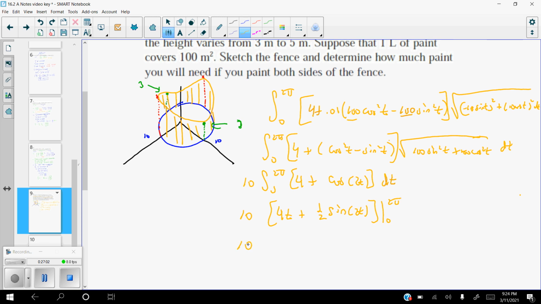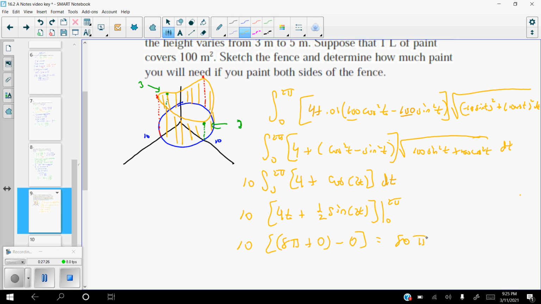So we get 10 times. Plugging in 2 pi, we get 8 pi plus sine of 4 pi, which is the same thing as sine of 0, so that's 0. That's gone. Minus, plugging in 0 for both of the t's gives us 0 plus 0. So really what I get is 8 pi times 10, or 80 pi units.